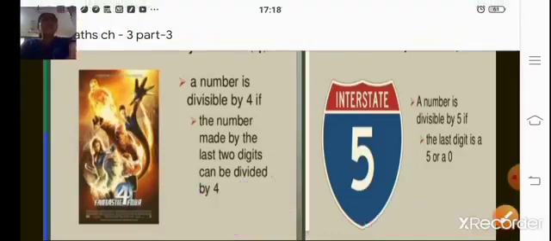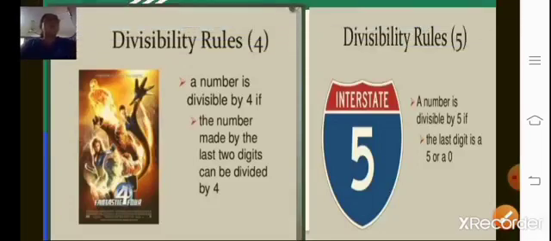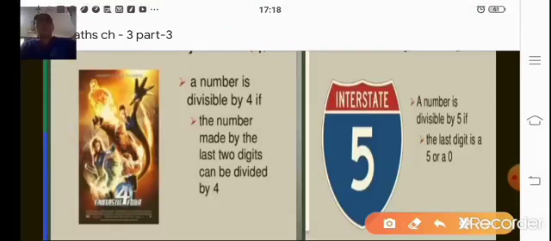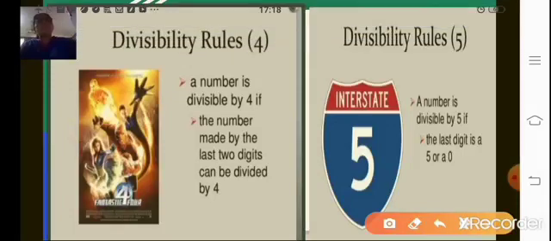Now when is a number divisible by 5? A number is divisible by 5 if the last digit is 5 or 0. Take the same number, 93,700. Here the digit in the ones place is 0.